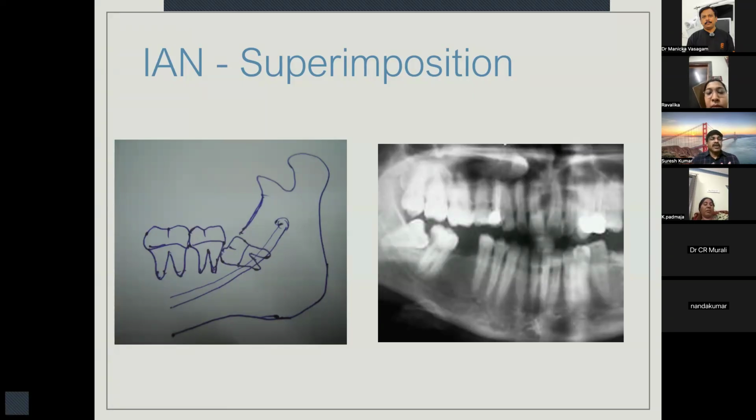There is only overlapping, and so you see in this X-ray as if it is passing over the root. Okay, so how to differentiate? So if you see this kind of picture in the OPG, you have to study the shadow of the tooth and the canal separately. So look at the root shadow, follow the root shadow.